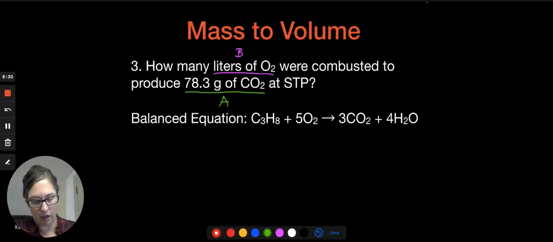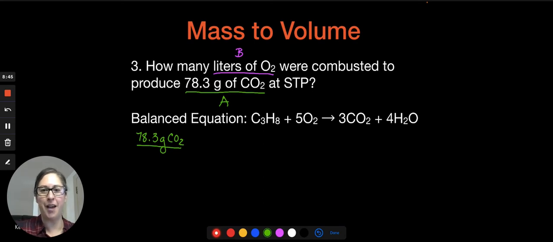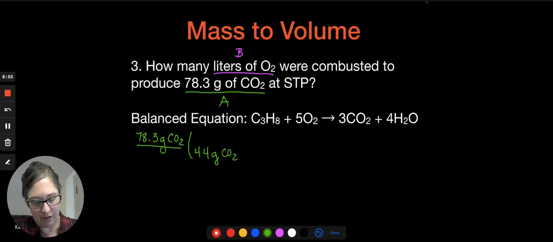All right, let's go ahead and do this. So we're going to start off with 78.3 grams of CO2. Okay. Molar mass for CO2 is the same as C3H8. They're both 44 grams per mole, so we're going to go ahead and do 44 grams of CO2 per 1 mole.